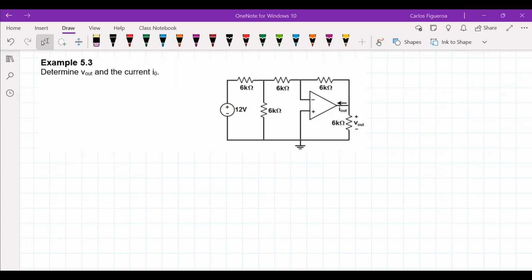Example 5.3, determine the output voltage as well as the output current. So I'm going to solve using 3 different techniques to get this. I'm going to solve for vout and iout using 3 techniques.